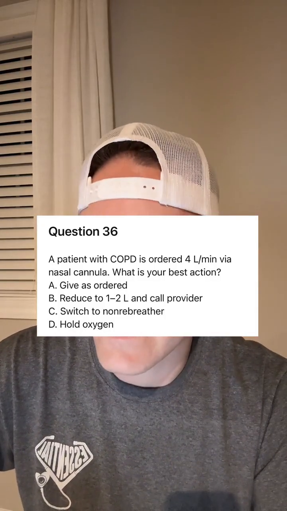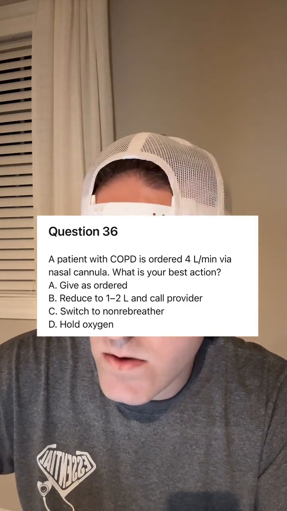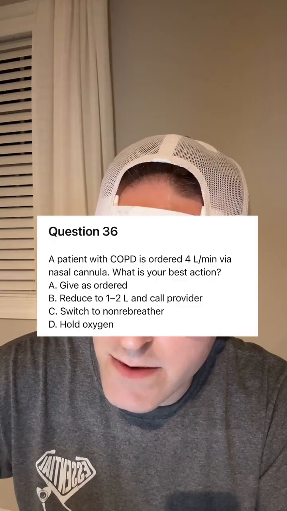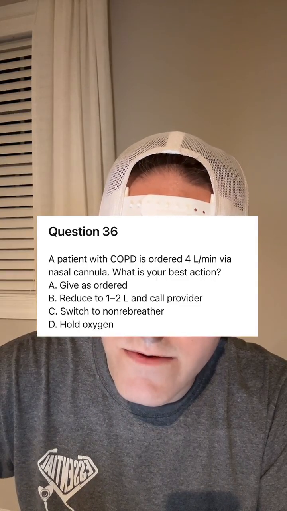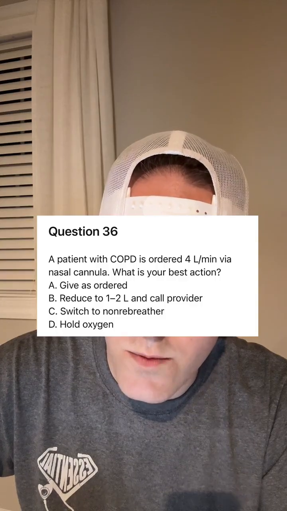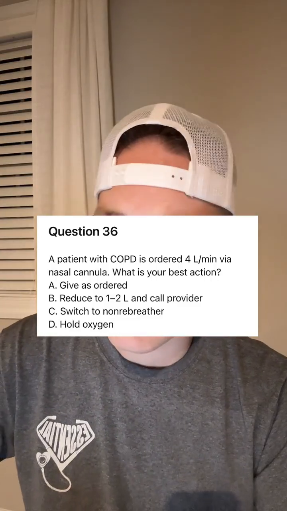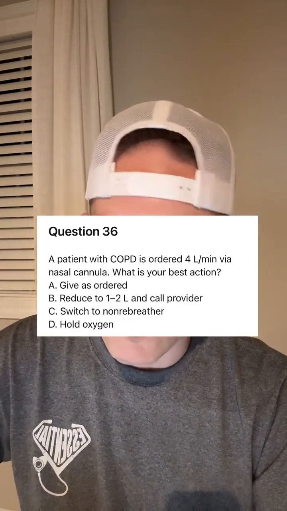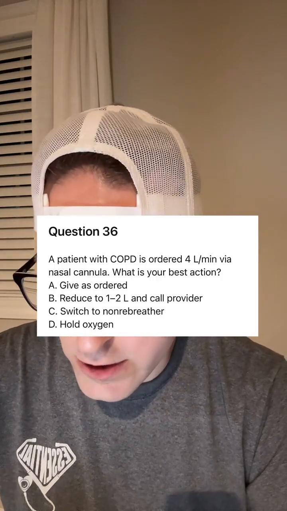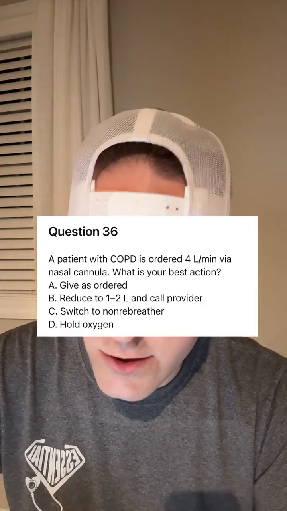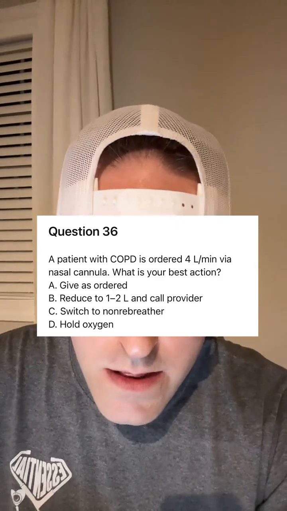We see A, B, C, A. Okay, there's a B. Yeah, we're going to reduce that. Because COPD patients, you're going to take away their drive to breathe if you crank up that oxygen too much. So we are going to decrease that oxygen to 1 to 2 liters per minute. Answer is B.